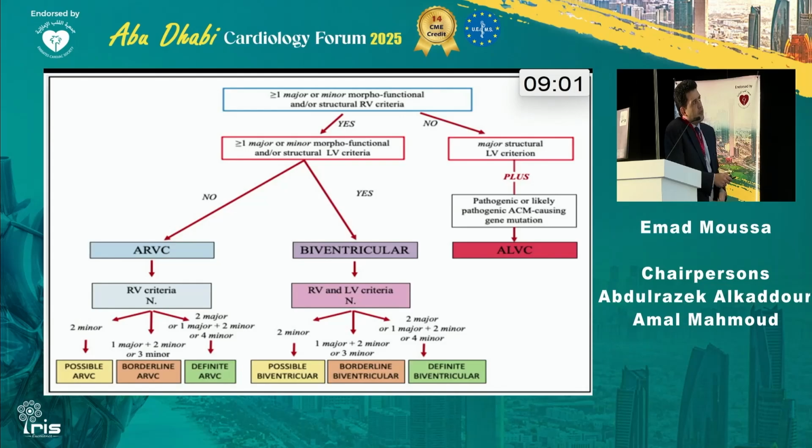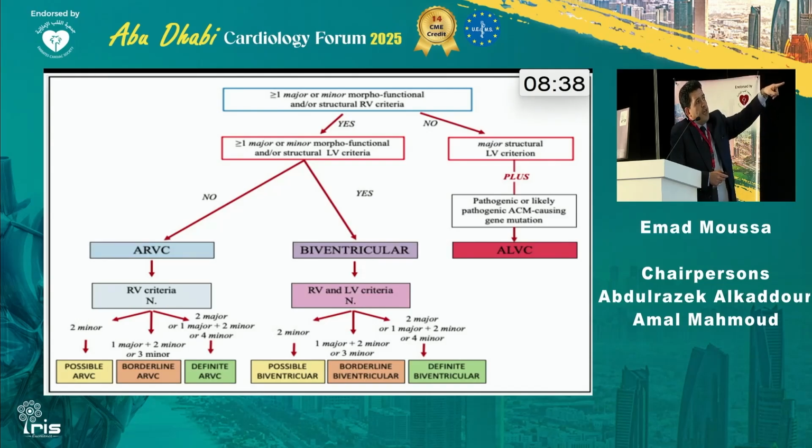This is probably the most important slide in this lecture, which reflects the pathway that you usually follow if you want to implement the Padua criteria for arrhythmogenic cardiomyopathy. At the start of the analysis, you need to ask yourself, do I have a major or minor criterion of right ventricular involvement?